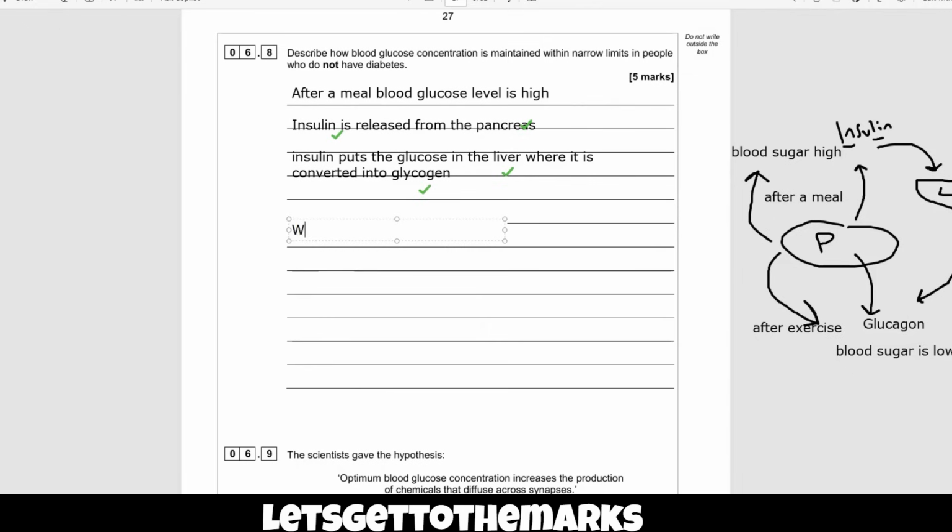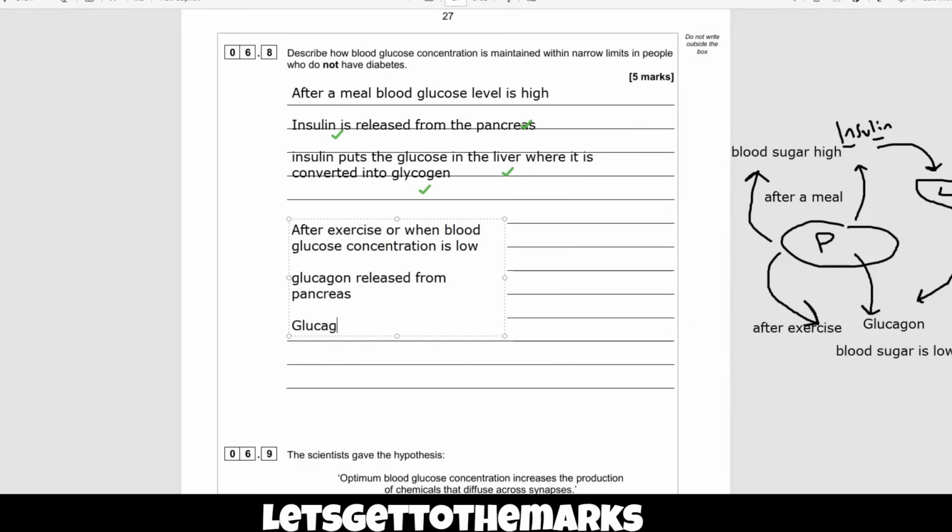I'm going to say after exercise or when blood glucose concentration is low, glucagon is released from the pancreas.